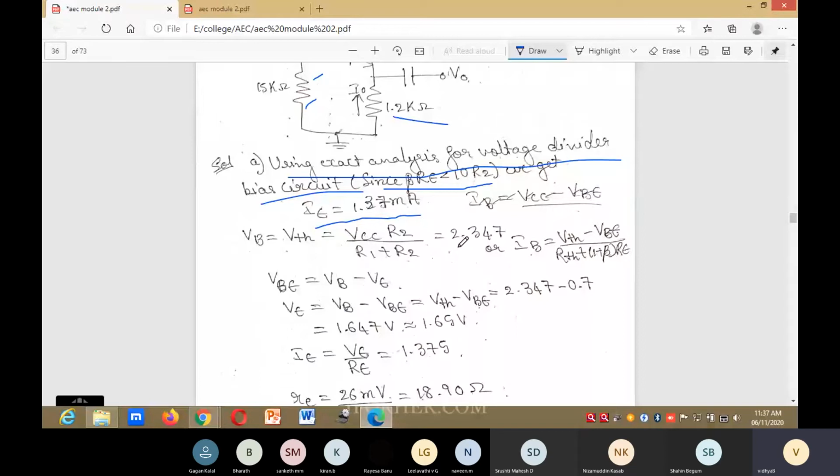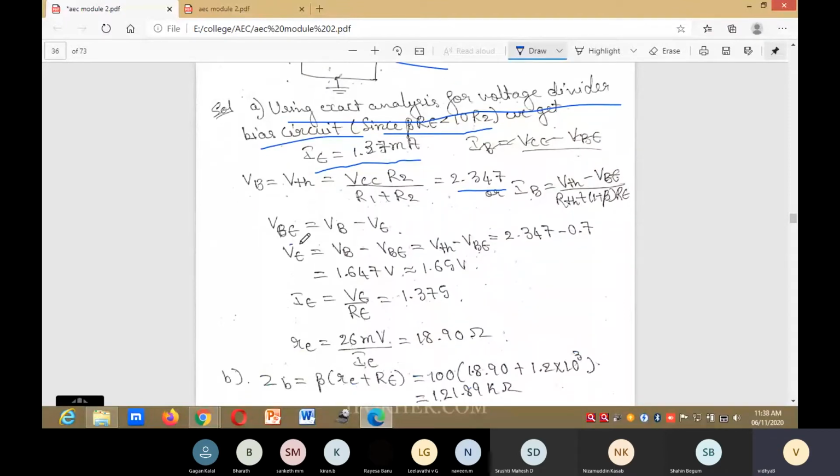If you substitute the values of VCC, R1 and R2, then you will get 2.347. Okay, VB value. Next, VE is equal to VB minus VBE. VB is nothing but VTH. Okay, VTH value is 2.7.